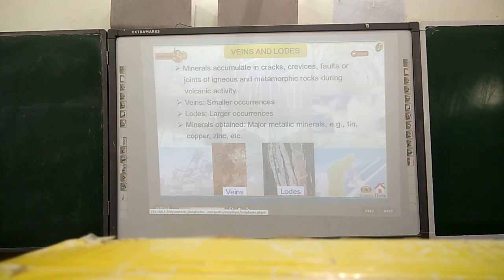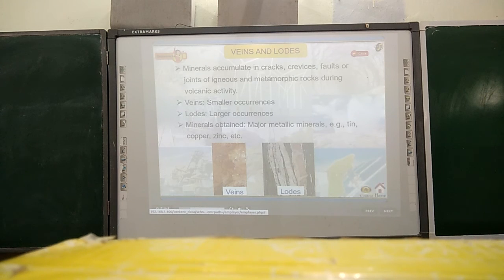Veins and lodes: minerals accumulate in the cracks, crevices, and joints of igneous and metamorphic rocks during volcanic activities. Normally, during volcanic times, when it erupts and magma comes out from the crust, a lot of cracks and joints take place due to the heat.